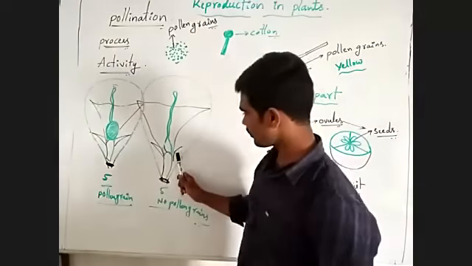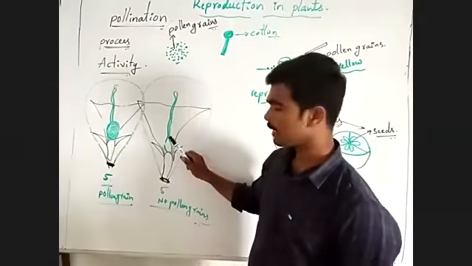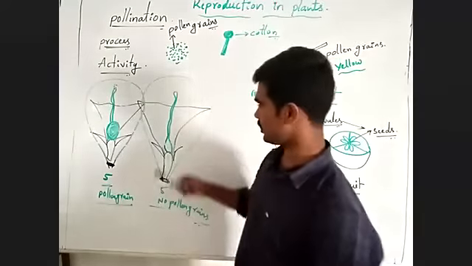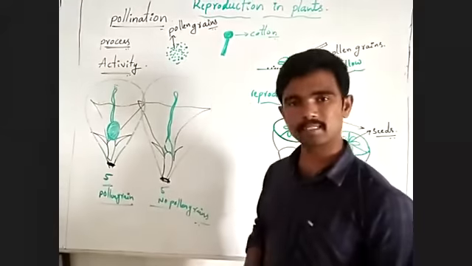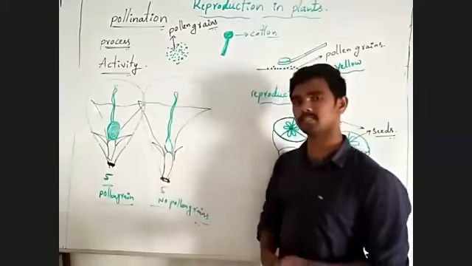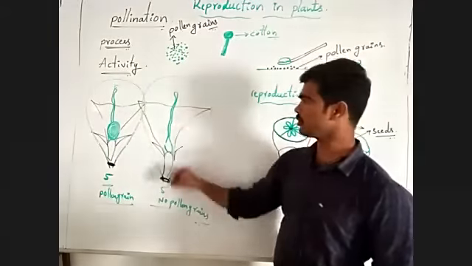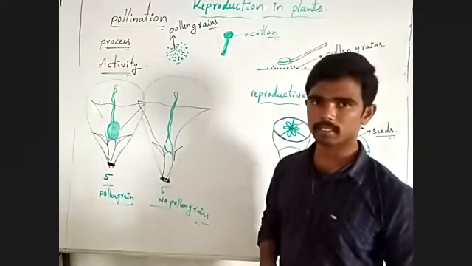But in the other 5 flowers, we cannot observe fruits. These flowers remain as they are, or they shrivel and fall off. Understanding?